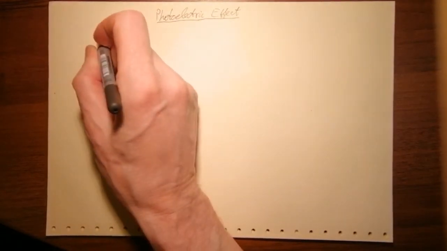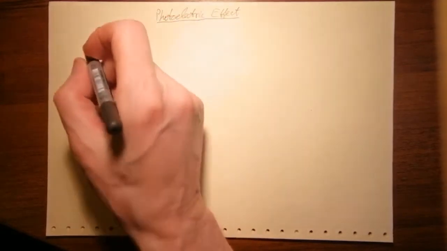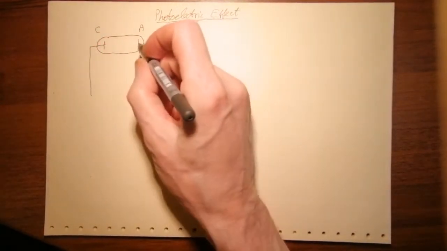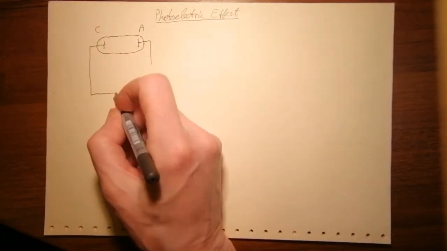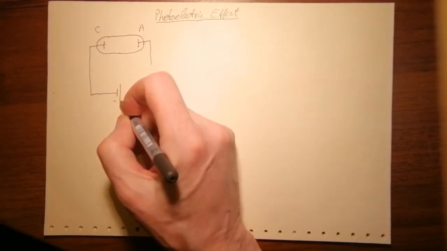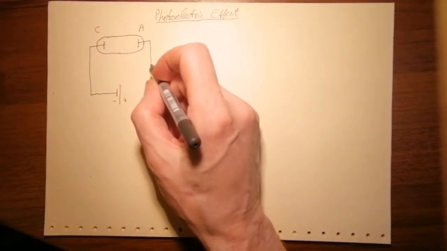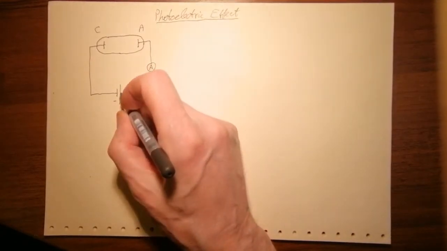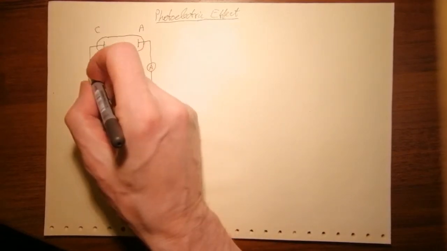This electrode is the cathode, this is the anode, and we will apply some voltage between cathode and anode, here to cathode minus, anode plus. To measure current we will include an ammeter in the circuit, and the voltage will be measured with a voltmeter.